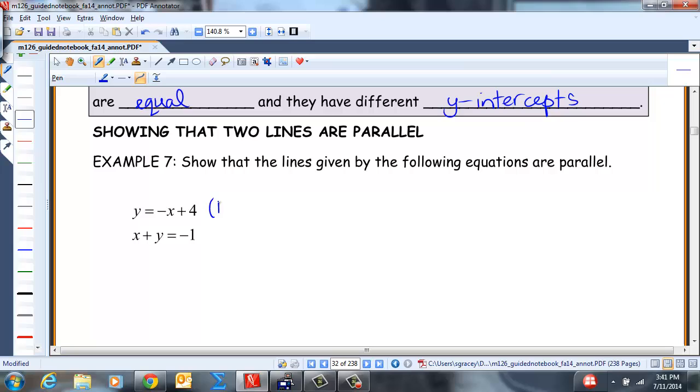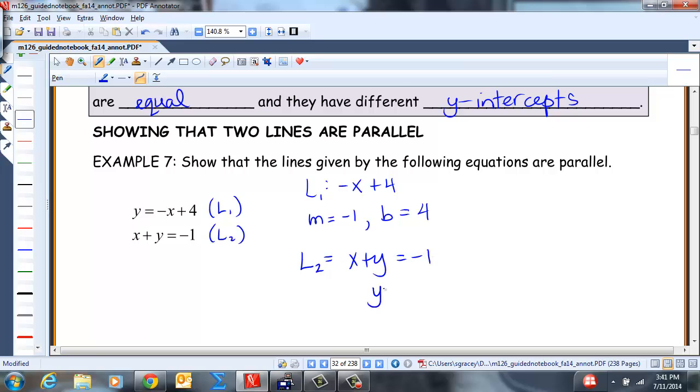So if we call this guy line 1 and this guy line 2, do you guys see that line 1 is negative x plus 4? So the slope is negative 1, and the y-intercept, the b, is 4. Now line 2, we have to work with a little.